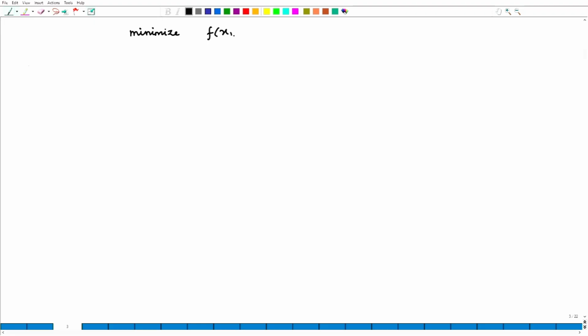So, let me write it as f of x1 to xn, okay, subject to the condition that x, which is written as an n tuple, okay, belongs to some constraint set S. Okay.